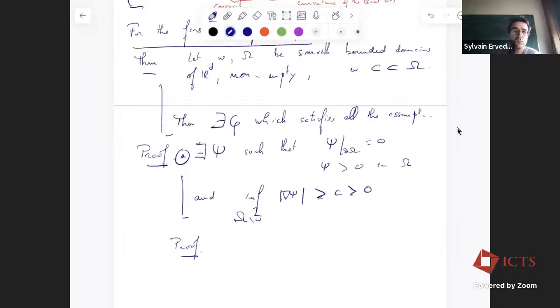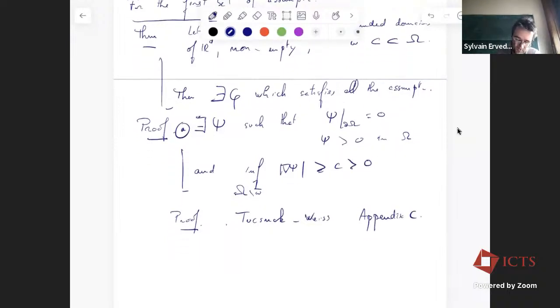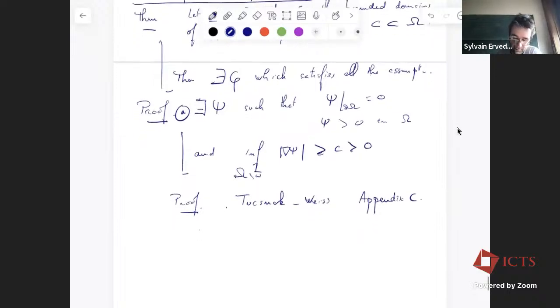If you want to see the proof in a very precise and pedagogical manner, you can go to the book by Tucsnak and Weiss, I think it's Appendix C. And it starts with the following result, which is more or less classical.